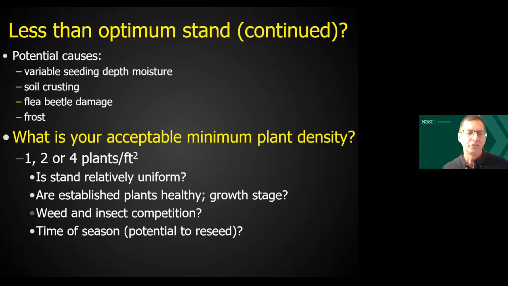And then how about time of seeding? If we need to reseed, and it really is important, what part of the season is it? Is it still early yet where reseeding might be viable, versus if it's late, if it's in central North Dakota and it's mid-June, reseeding probably is not going to be practical at all.